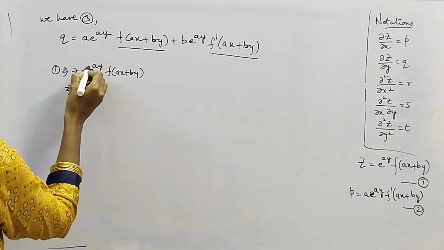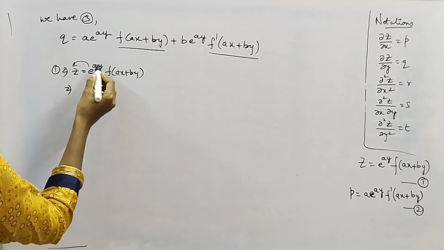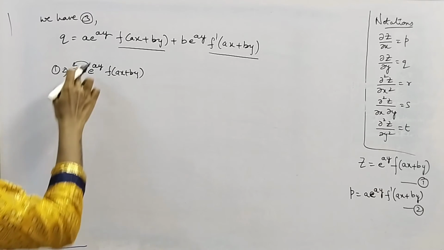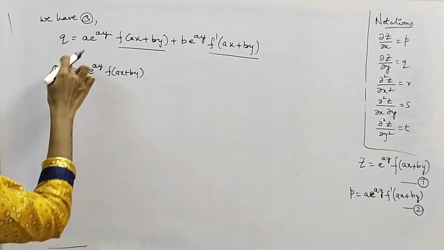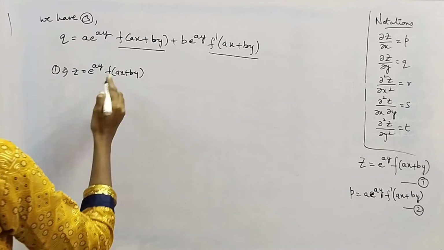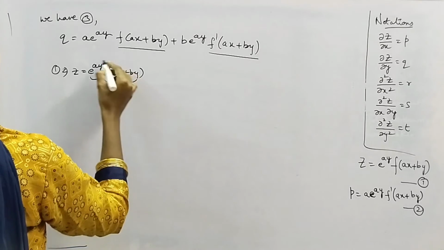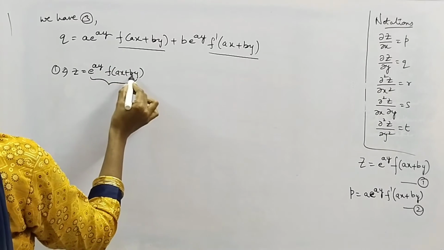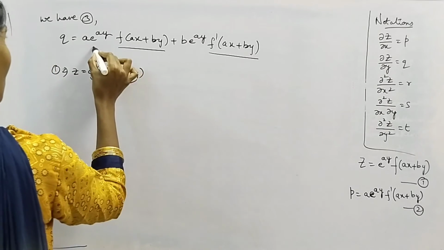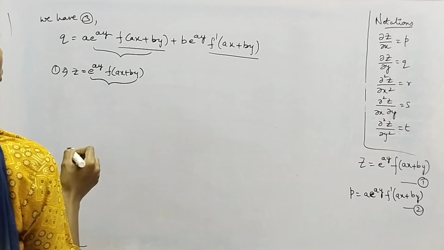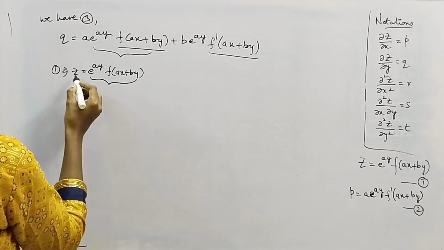So what I'll do is, I'll just replace e power ay into f of ax plus by by z.